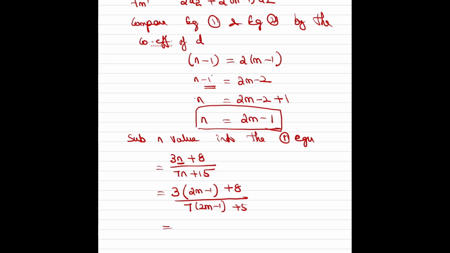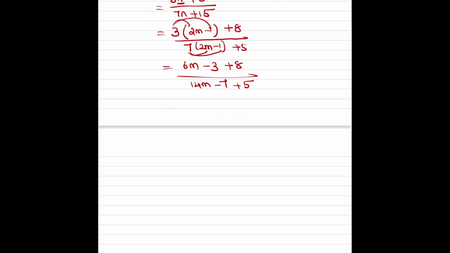Next, 3 twos are 6, so 6m minus 3 plus 8 by 14m minus 7 plus 15. That is 6m plus 5 by 14m plus 8.